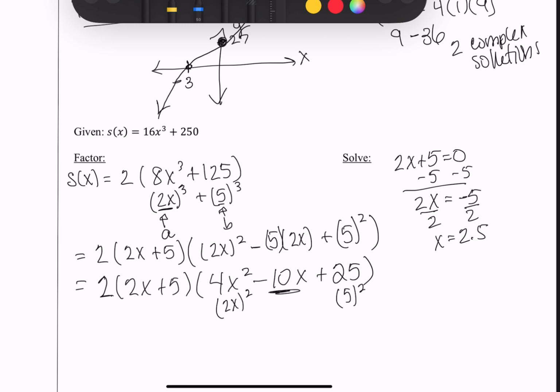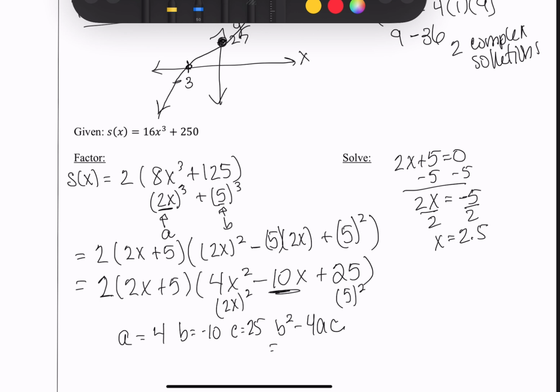And then I think I'm going to do the same thing, and I'm going to double check this trinomial before I start doing the whole quadratic formula. So I'm going to double check my discriminant, the b squared minus 4ac. Let's see. A is equal to 4. B is negative 10. And C is 25.